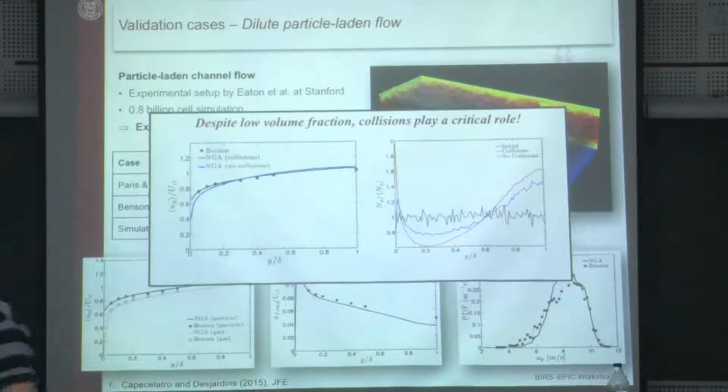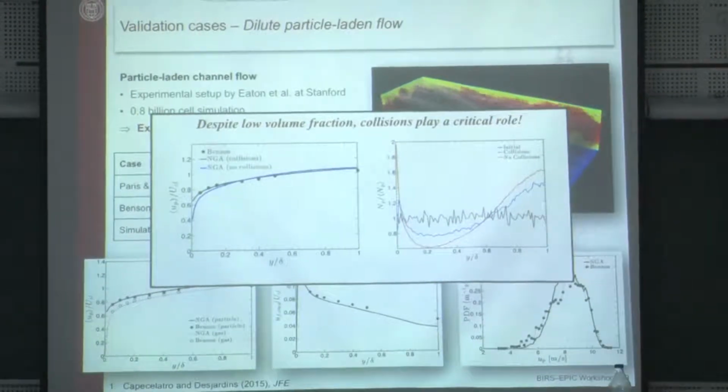Much less than 10 to minus 4 means we can do without collisions. Of course, we have to account for collisions with the wall, sure, but interparticle collisions, according to classical understanding of the probability of collisions at such low volume fractions, we don't have to worry about.